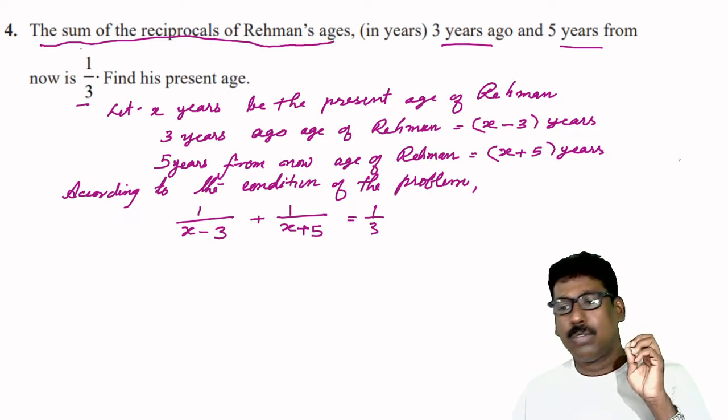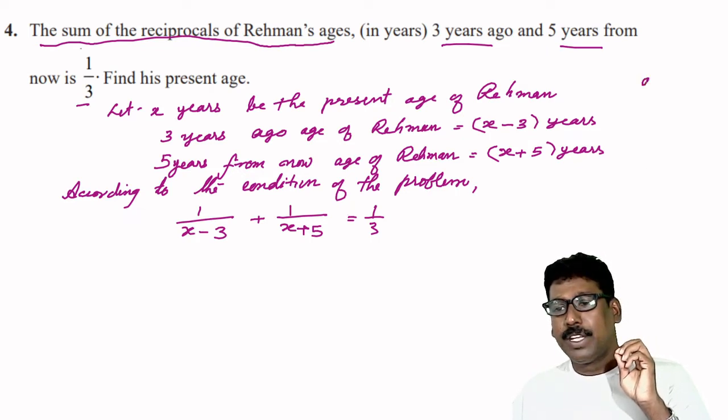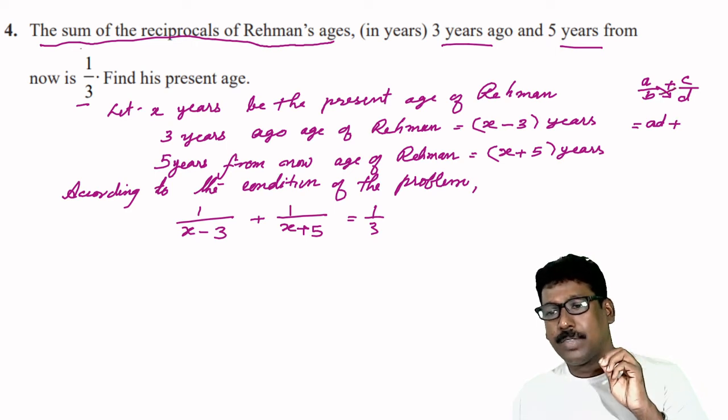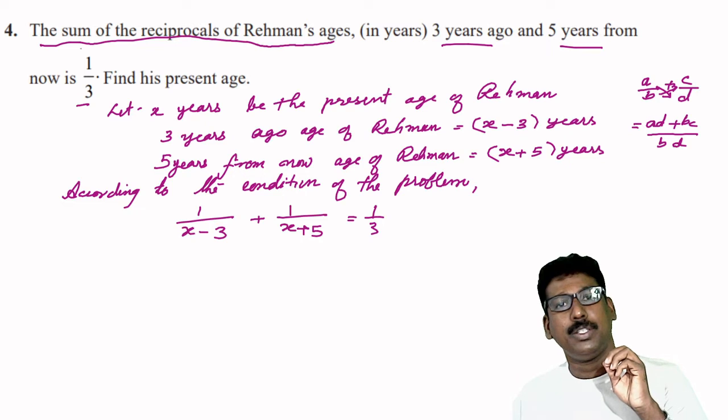Now, how will you solve? You know, if a by b plus c by d is given, how will you calculate? You just cross multiply, that is ad plus b into c, that is bc, divided by the product of the denominators, b into d.